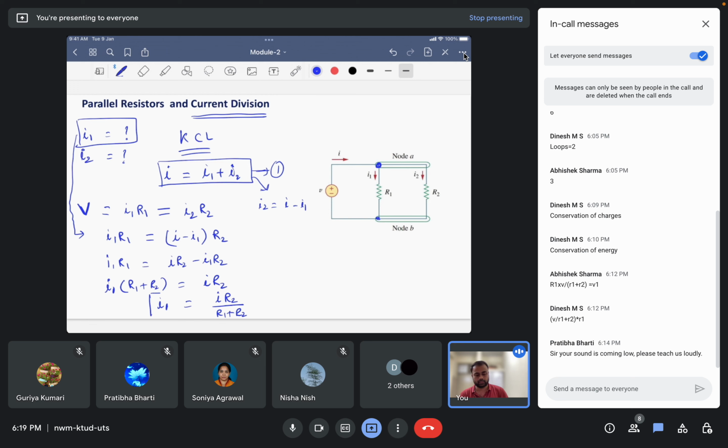So this will be the current through the branch connected with resistor R1. Similarly, if you do the same maths, we will get I2 equal to I multiplied by R1 upon R1 plus R2. So this is known as the current division rule.